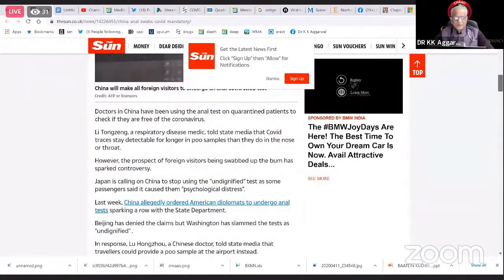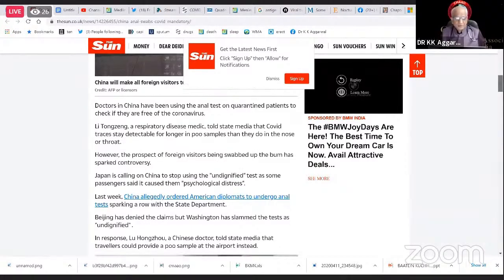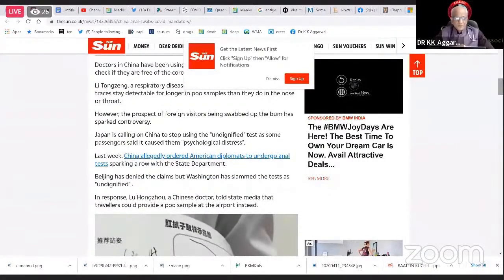Doctors in China have been using the anal test on quarantined patients to check if they are free of the coronavirus. A respiratory disease medic told state media that COVID traces stay detectable for longer in poo samples than they do in the nose or throat, but they are non-replicable. They have no significance. However, the prospect of foreign visitors being swabbed up the bum has sparked controversy.